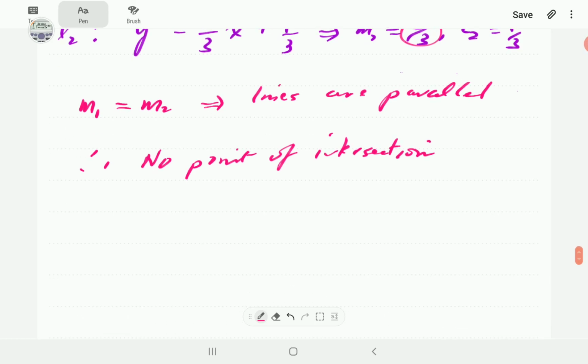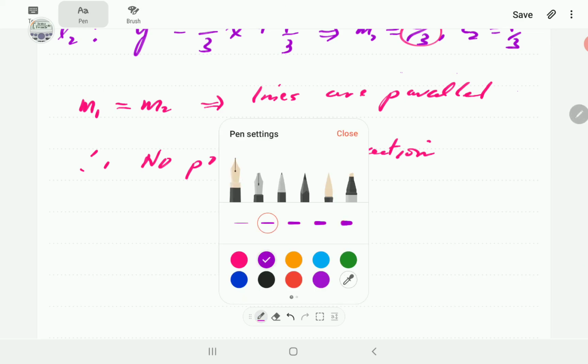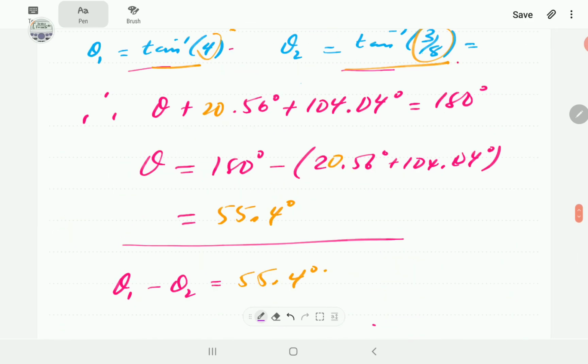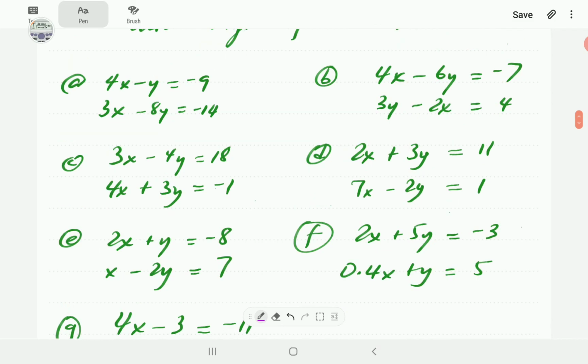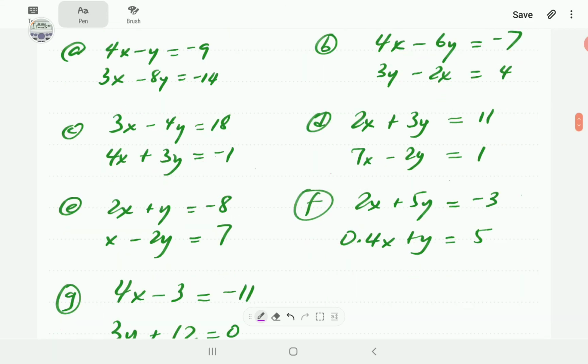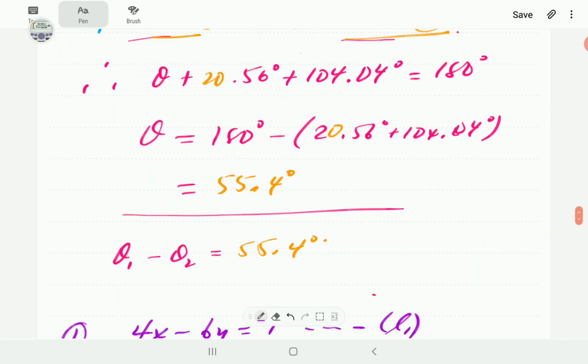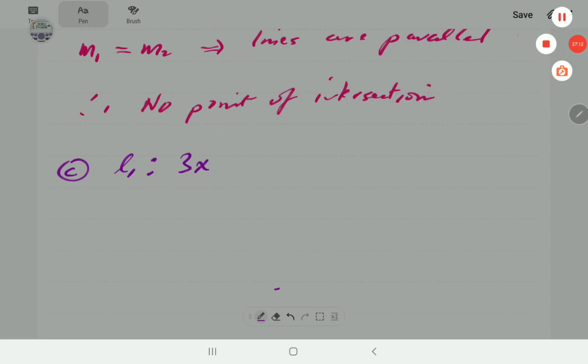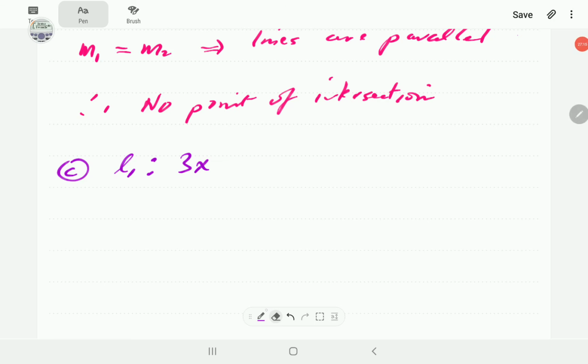So let's now go to example number C. In C we have got 3x minus 4y equal to 18. Then 4x plus 3y is negative 1. So that's L1, 3x minus 4y equal to 18.